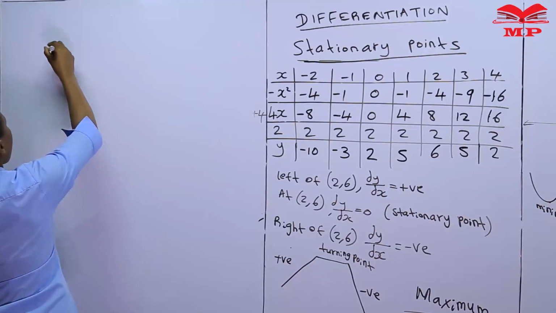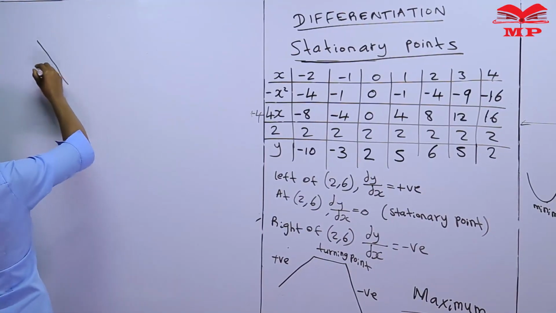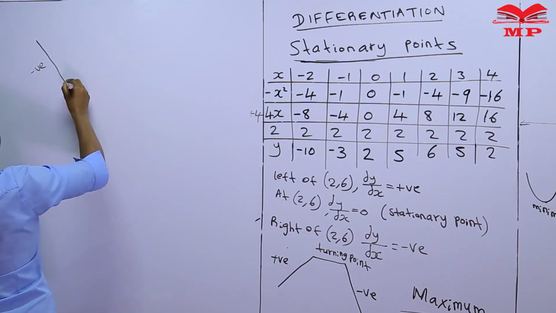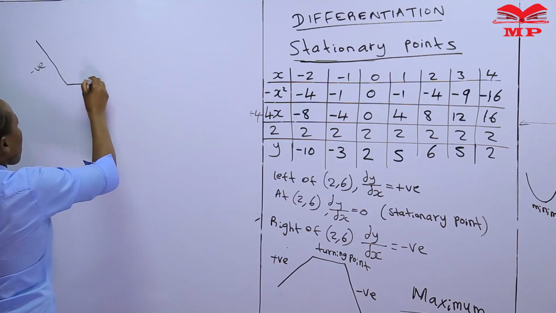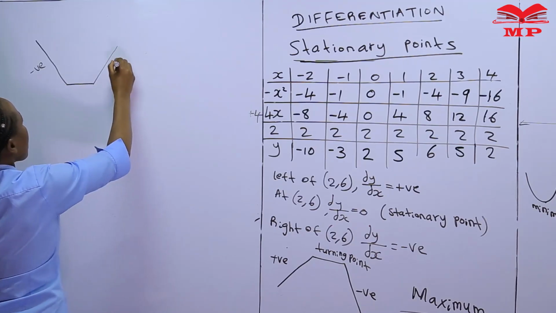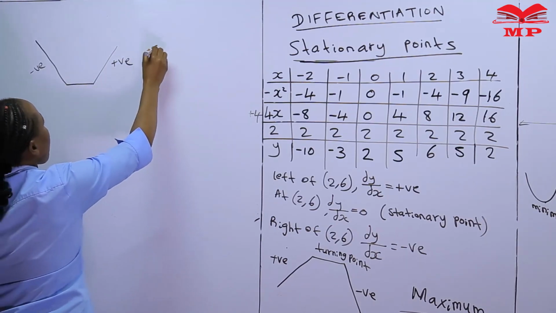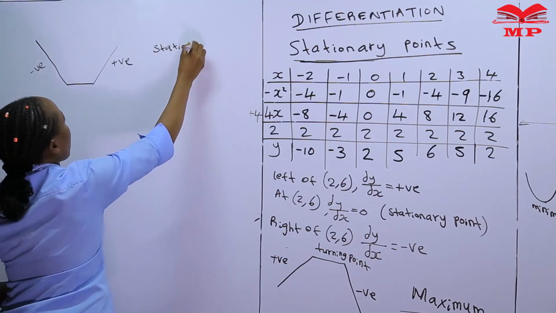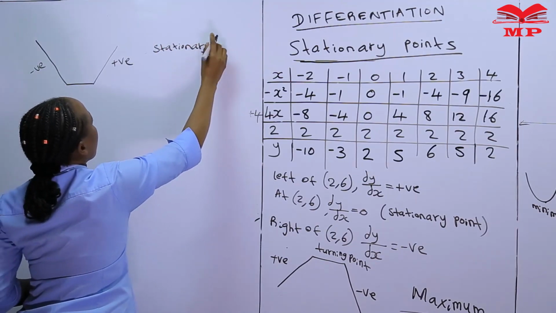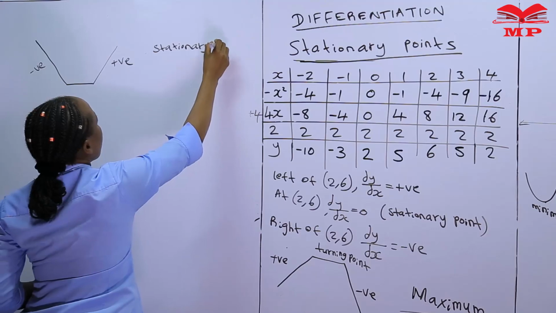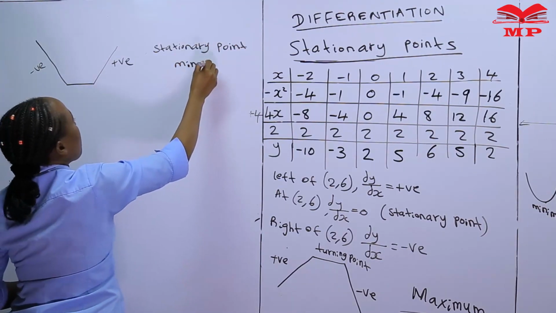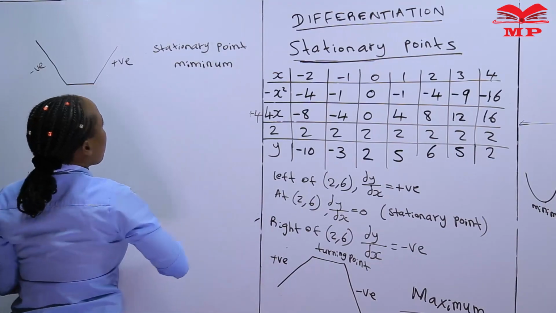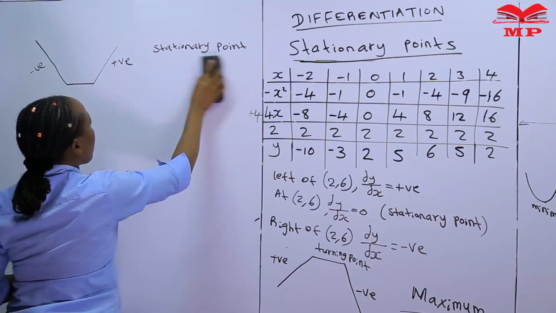When we have negative gradient, then 0 gradient, and then positive, the stationary point, or this turning point, is a minimum.